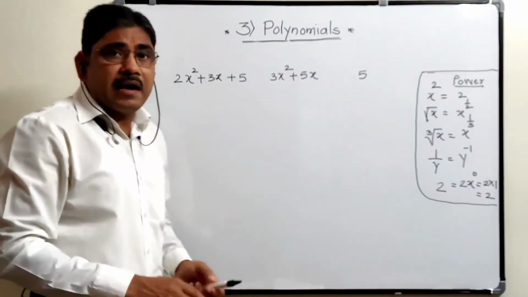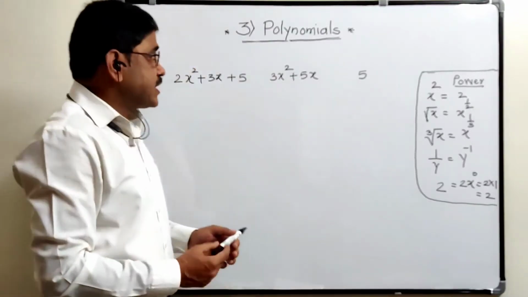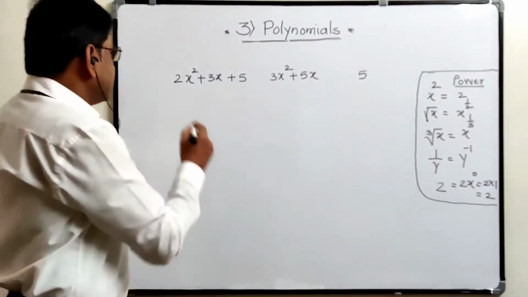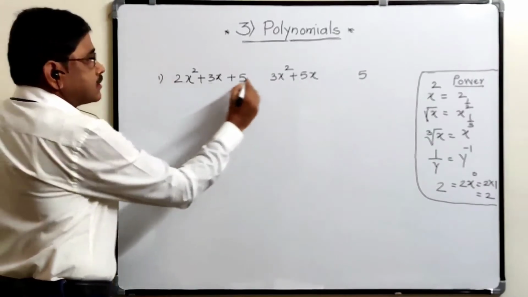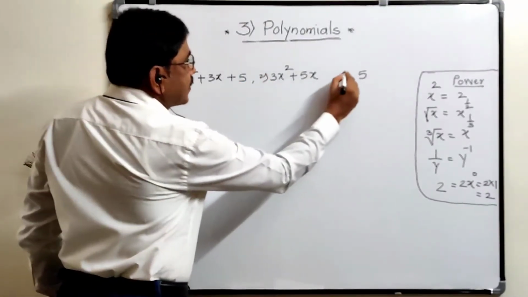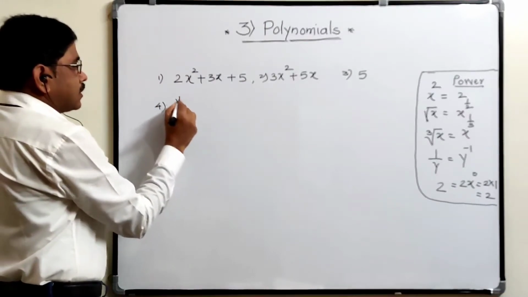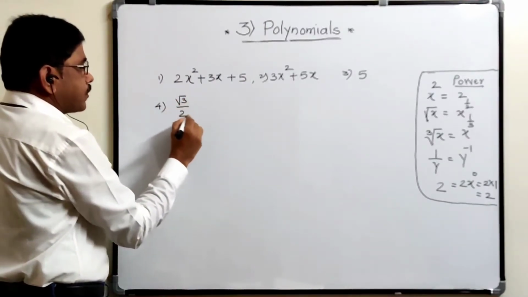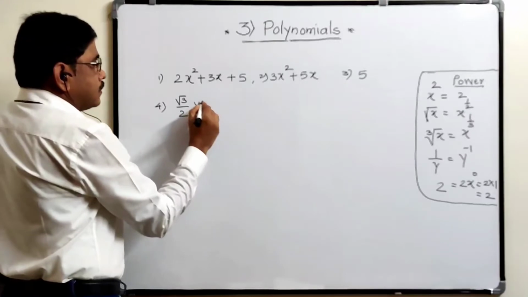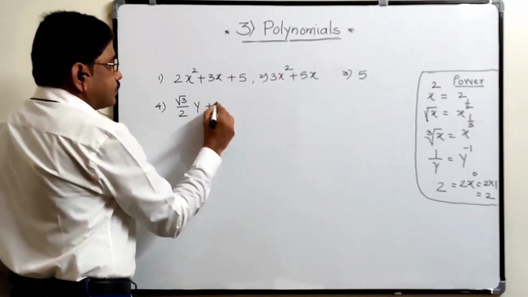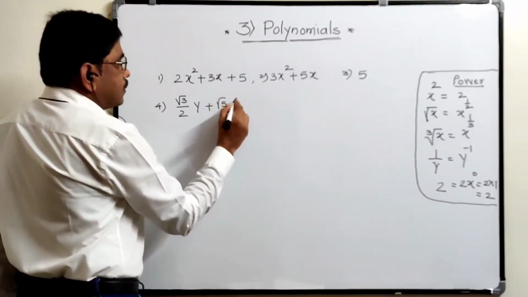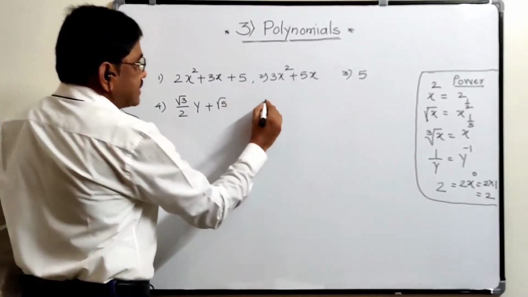So here I am writing some algebraic expressions. Here these are the 3 examples. First, second, third. Now fourth one is root 3 by 2 y plus root 5. This is fourth example.